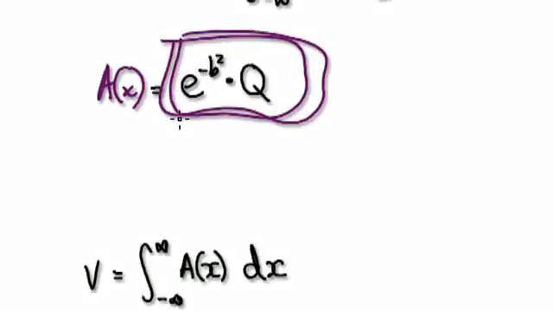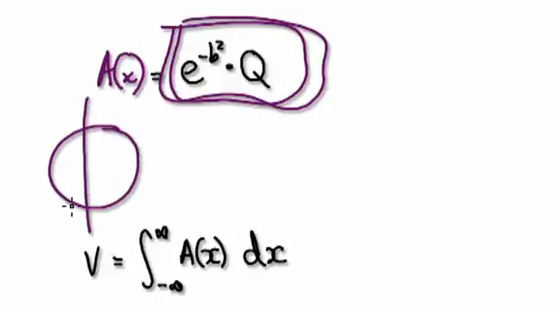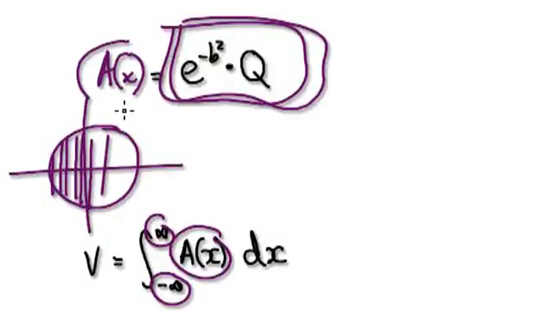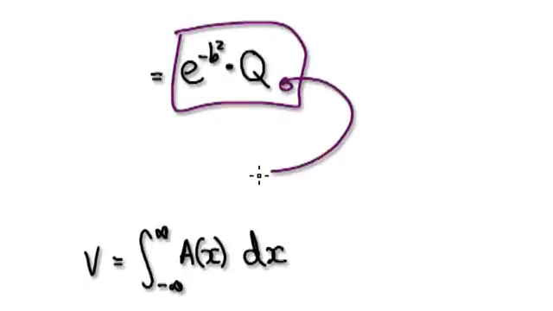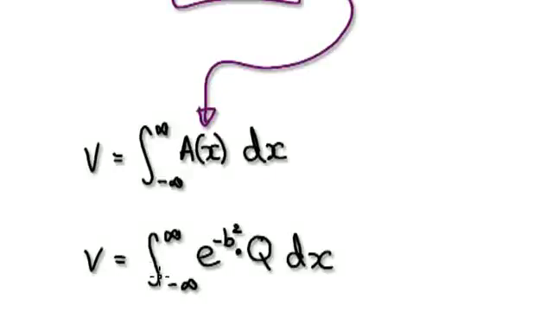But remember, when we were trying to work out the volume, it's really us summing up all the areas. Remember our circle? We were summing up all the areas. So from negative infinity to infinity here, we're summing up all the areas. Well, the area is given by this, so we can put this into here. Okay, so that would then take us to this.